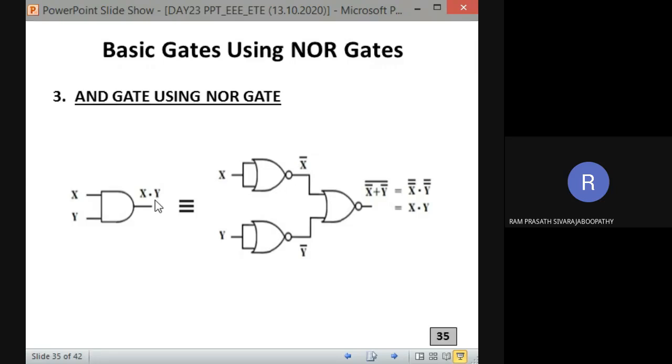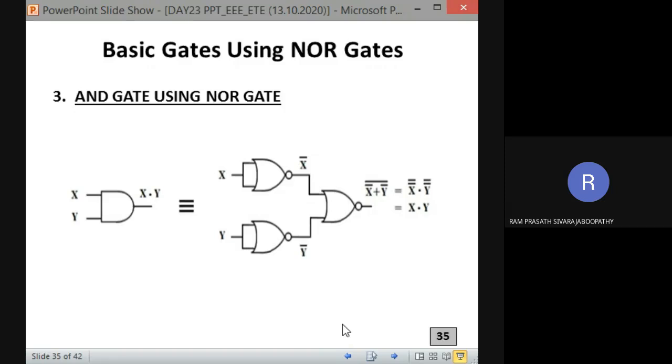Can we implement NAND using NOR? Yes, you can. Now you have all the basic gates. Correct? So what you can do? See, simply this is an AND gate using NOR gate. Correct? If you complement this output again, what will be the thing?